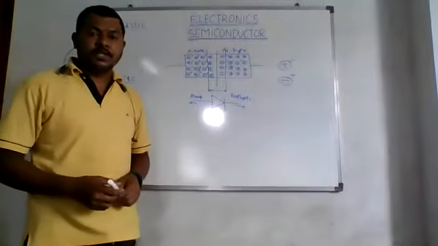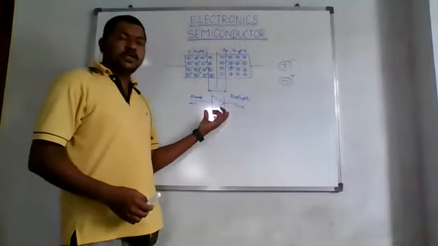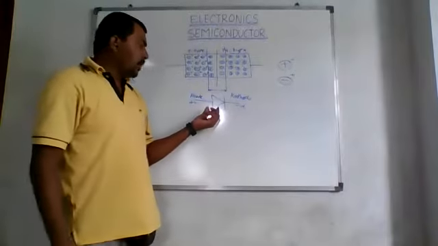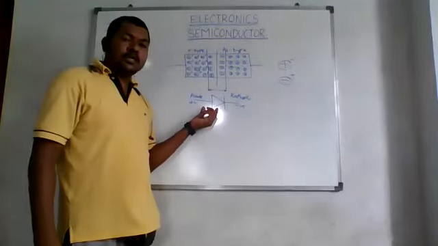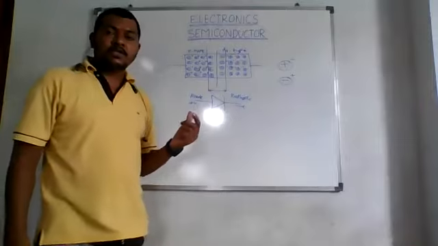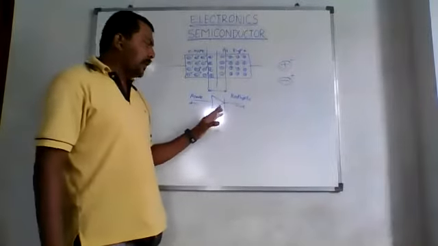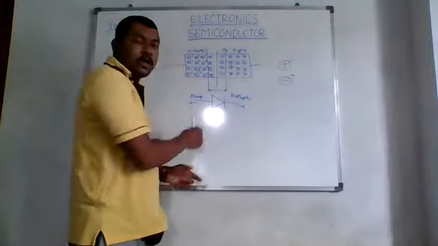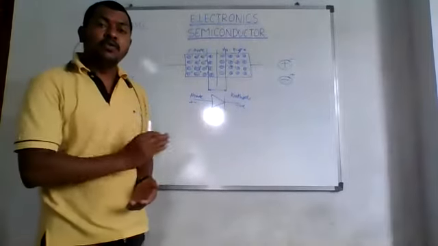Now, the working of the PN junction diode. This is the symbol of the PN junction diode, and this part is called the anode, and this part is called the cathode. Remember this: the triangle showing the arrow implies the flow of current.